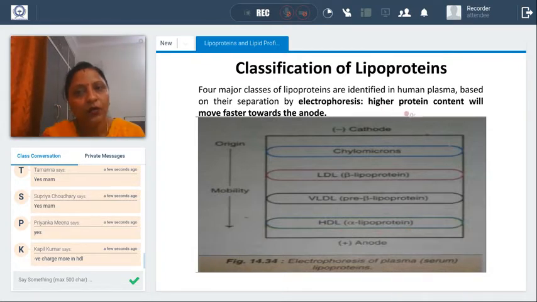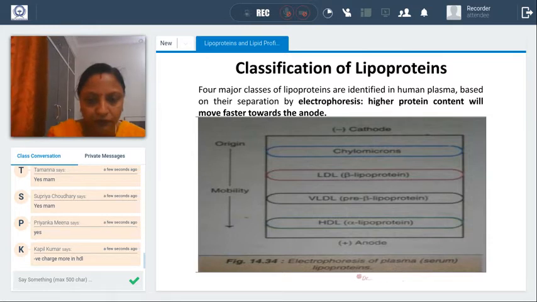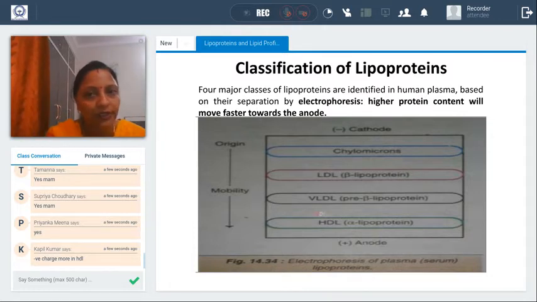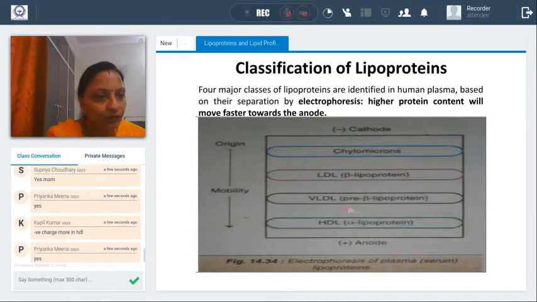If protein content is higher, then they move faster towards the anode. So is it clear? Please write in the box, am I audible to all of you? And this classification of lipoprotein, have you understood? Okay.